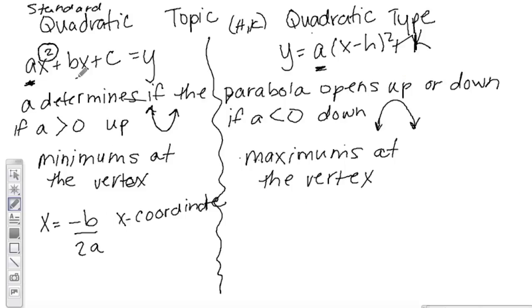So whatever your b value is, take the opposite of that, divide by 2a, 2 times a, you go minus b divided by 2a. You're going to get a number. Once you get that number, in order to find the y coordinate of the vertex, you would simply plug in the x.